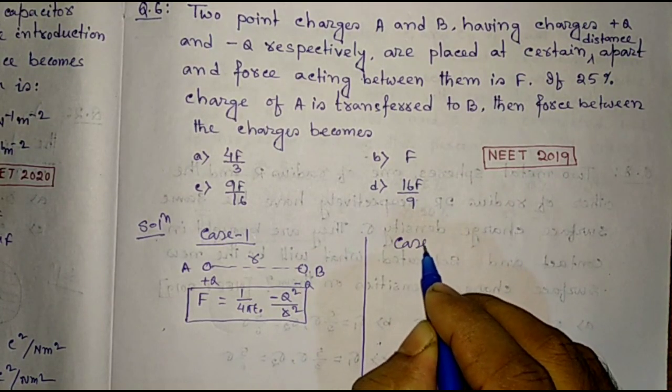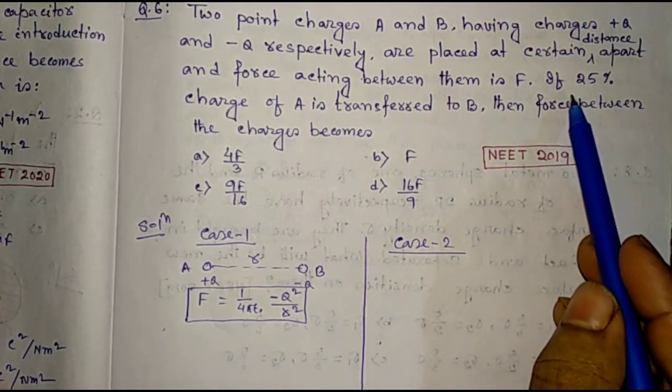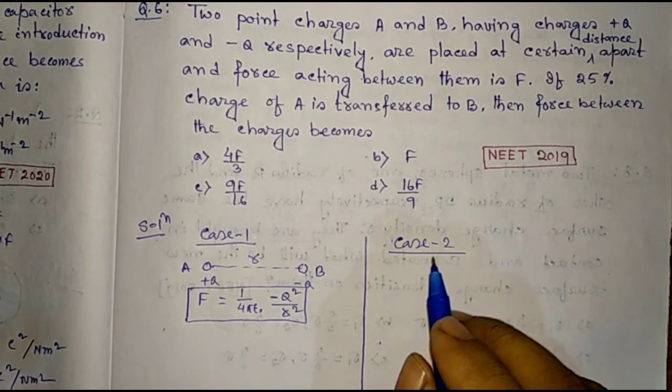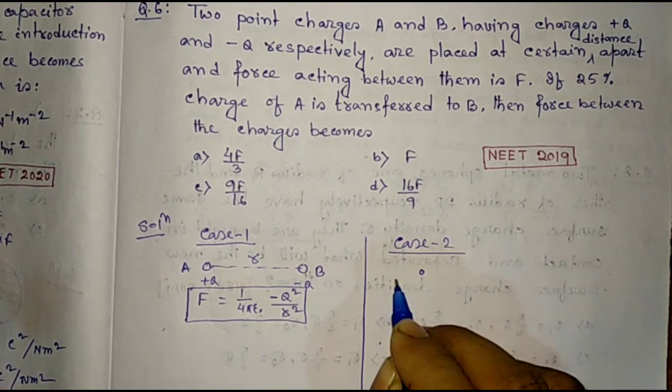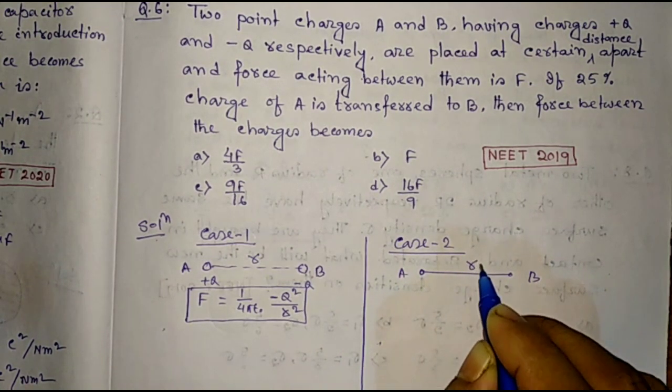Now case 2. Case 2, it says that if 25% charge of A is transferred, that means this is A, this is B point, distance is r.